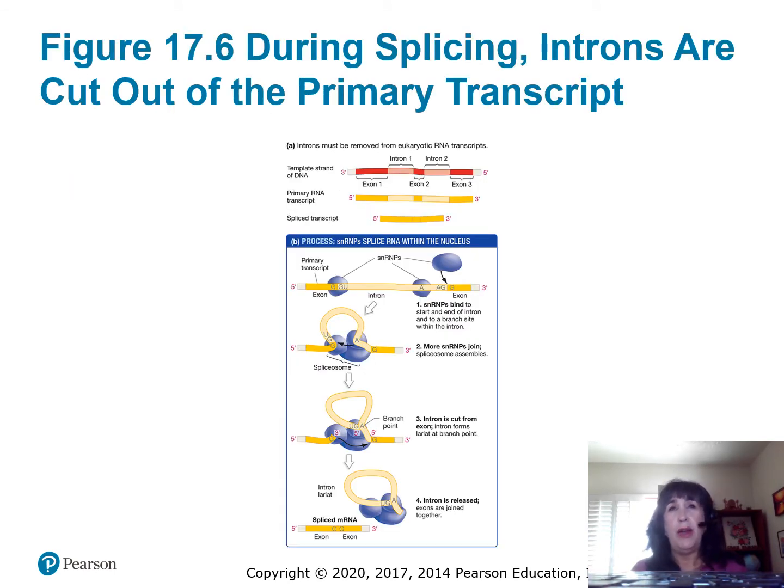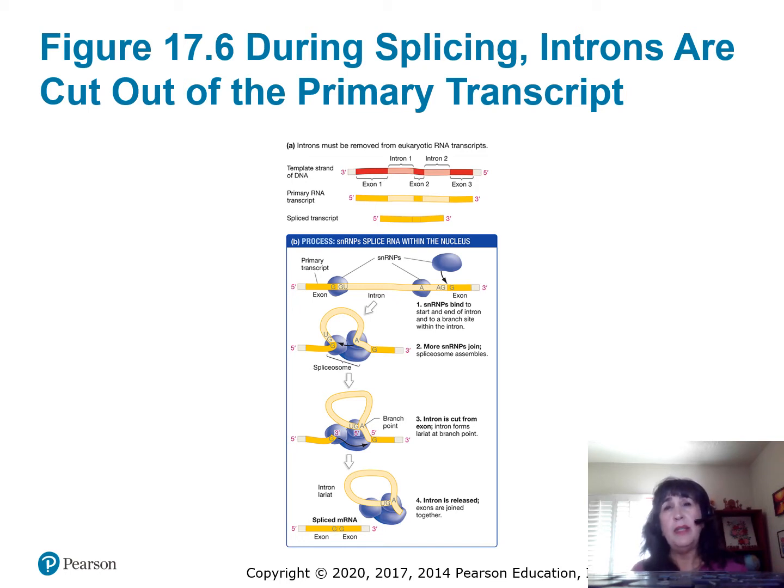I love this diagram. This diagram shows everything that we've been talking about until now. Let's look at the very top of 17.6, and we see that DNA has coding and non-coding regions. Coding regions are exons, and they're indicated in dark red. Introns are non-coding regions, and they're indicated by pink areas. When a copy of DNA is made in eukaryotic cells, it has both coding and non-coding regions.